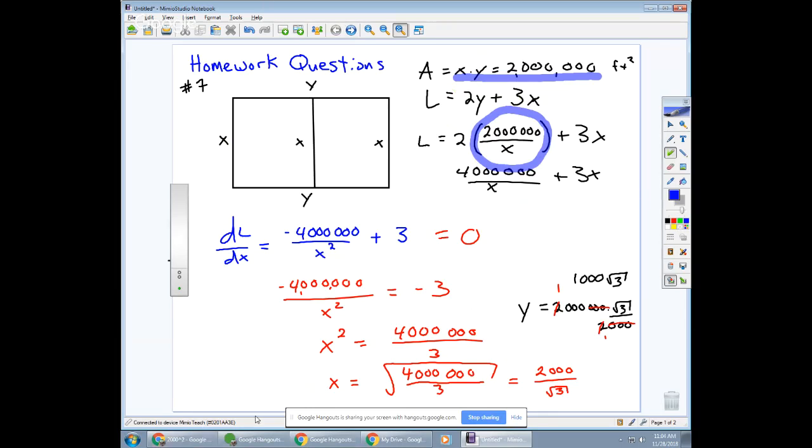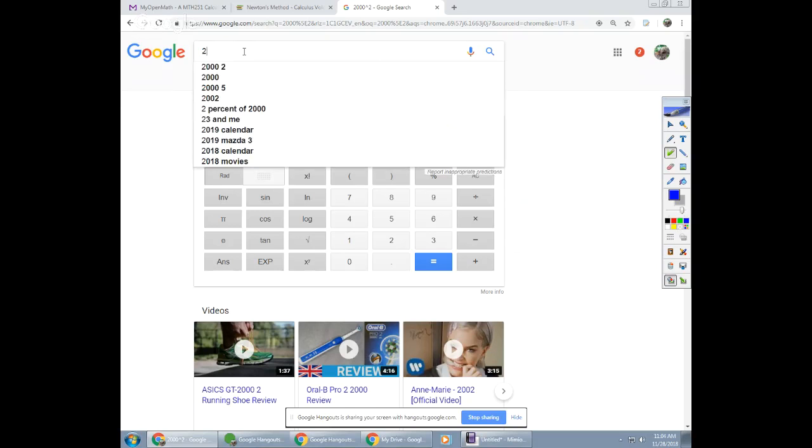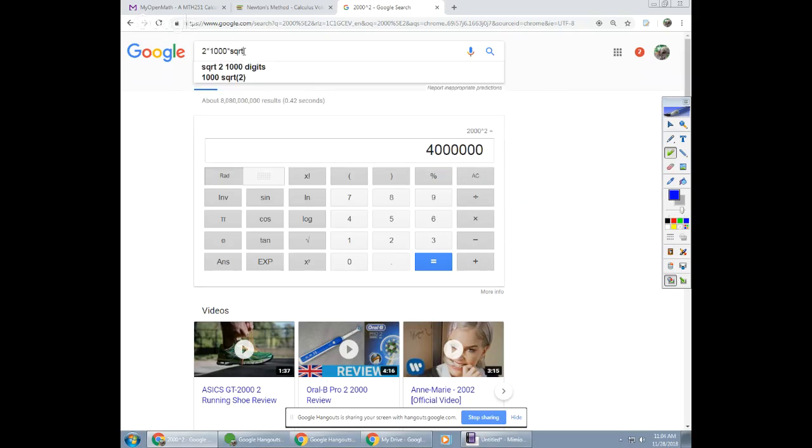Does this match what you got, Rob? No. You had an error in here? Okay, or I do, right? No, I did. I like this one. So I'm just going to double check with calculator. So we had 2 y's, right? So 2 times 1,000 square root of 3 was y.